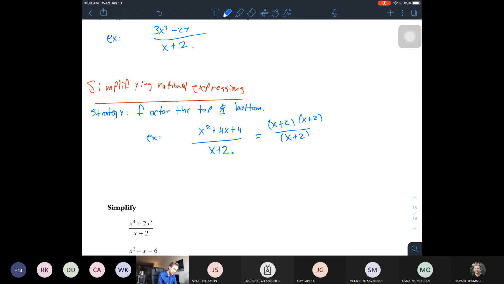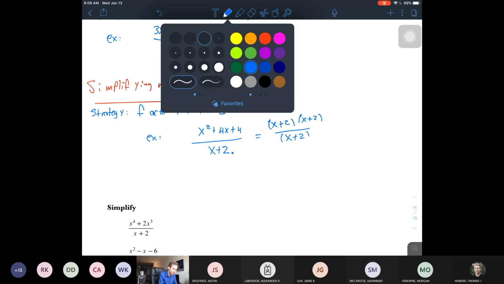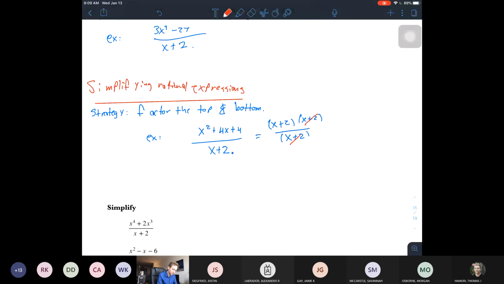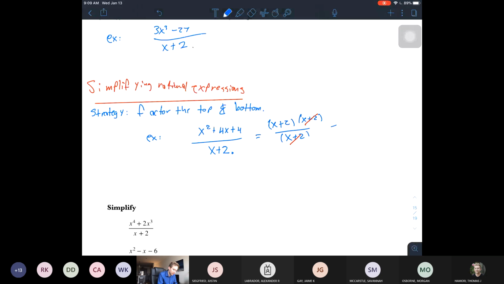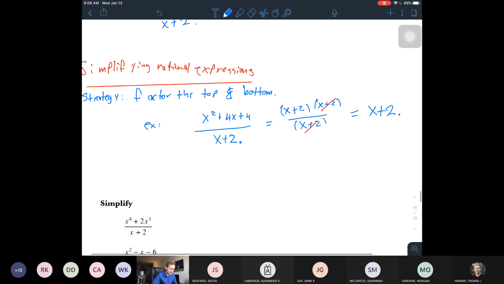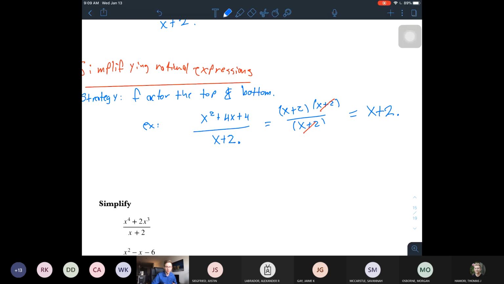And then we can take out a factor of x plus 2 on both the top and the bottom. And we'll get our final answer to just be x plus 2. So that's the method for simplifying rational expressions. We just want to factor the top and bottom and then cancel anything that we can cancel.